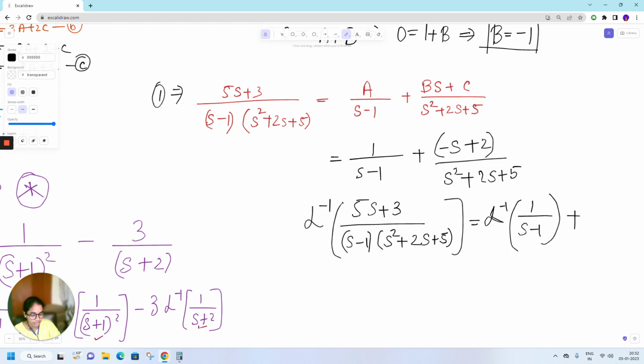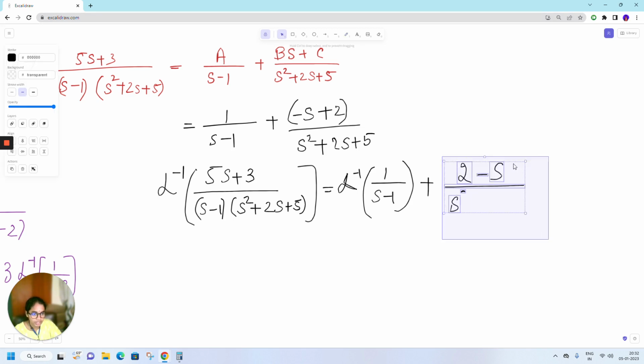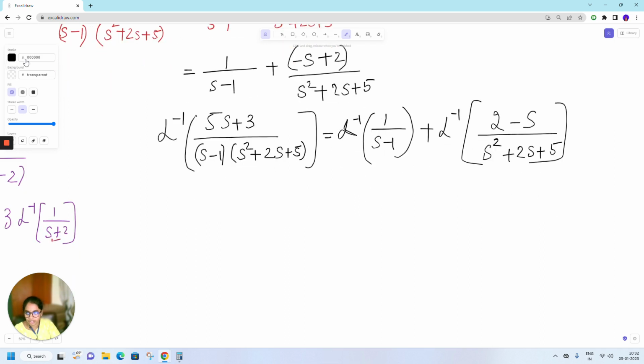Plus, I can write minus s plus 2 as 2 minus s, so Laplace inverse of 2 minus s divided by s square plus 2s plus 5. Now we know what is Laplace inverse of 1 divided by s minus a.